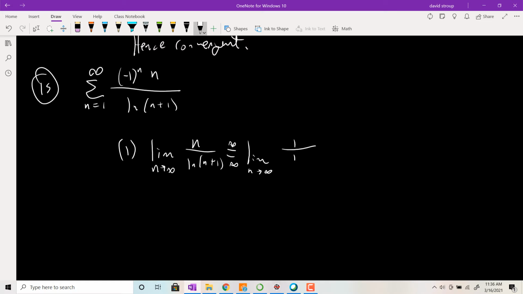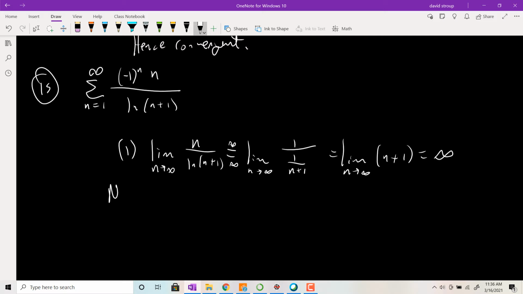You'll have 1 all over n plus 1, which is the limit as n goes to infinity of just plain old n plus 1, which is infinity. It's not equal to 0. Technically, you can't say it's divergent because you're not really done with the nth term test. The nth term test would verify that it was divergent, though.